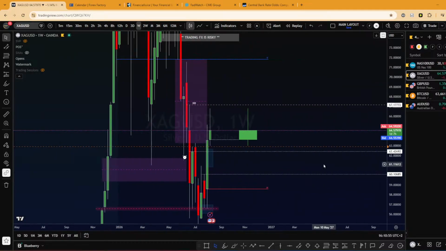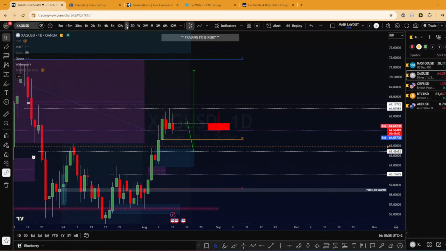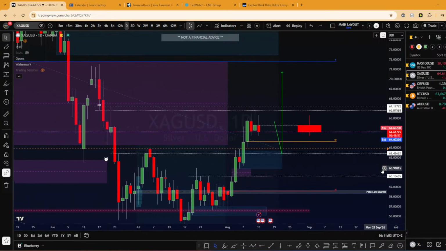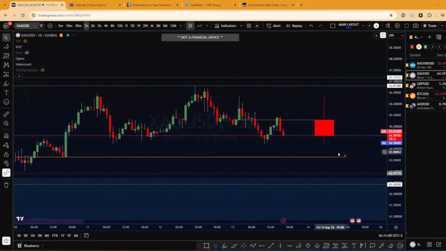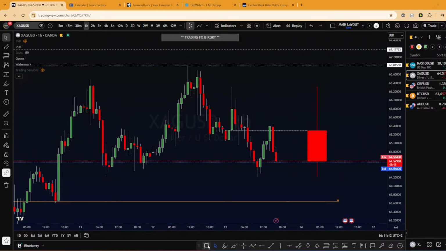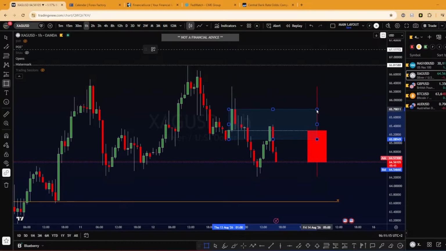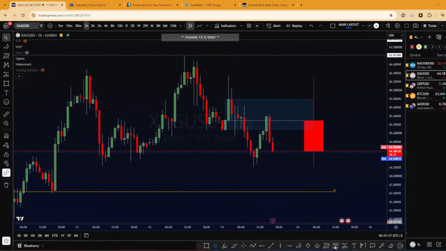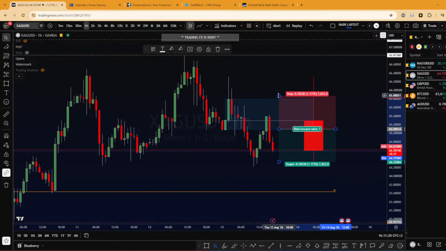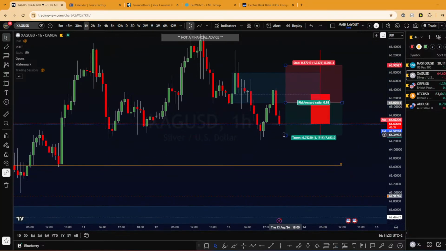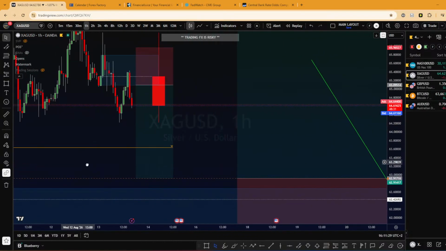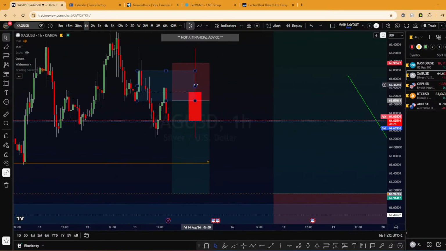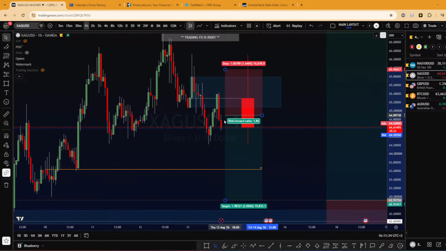I don't want to play the retracement, even though it seems like we are retracing. But yeah, it seems like we're starting to see some order flow bearish, you see. So yeah, this could have been a nice entry. Target this level right there. So yeah, enter here.